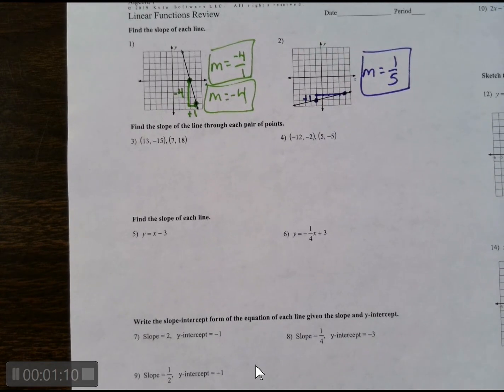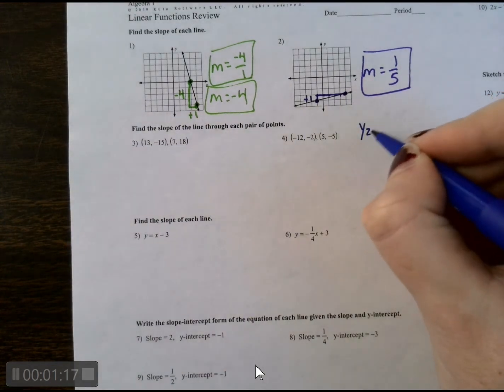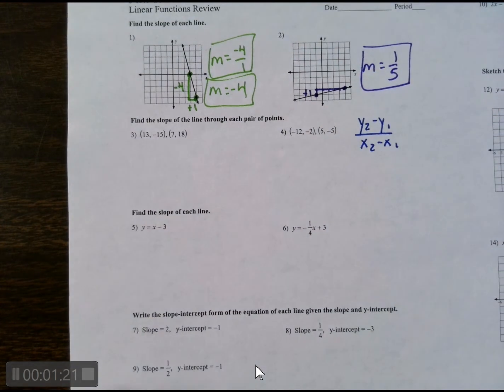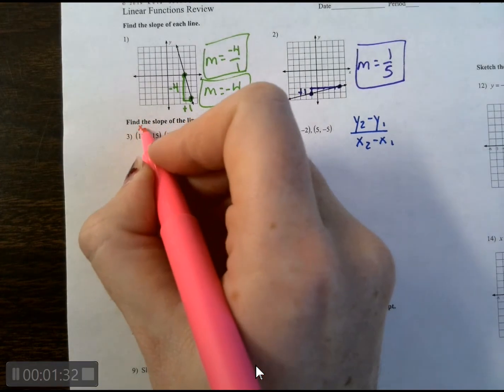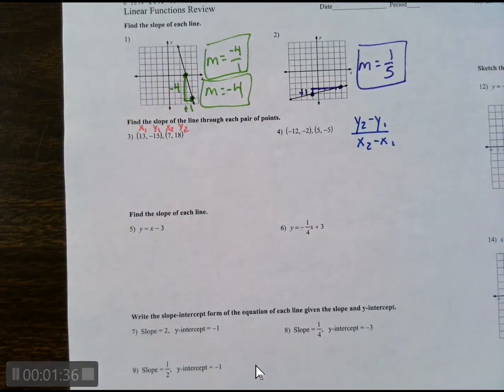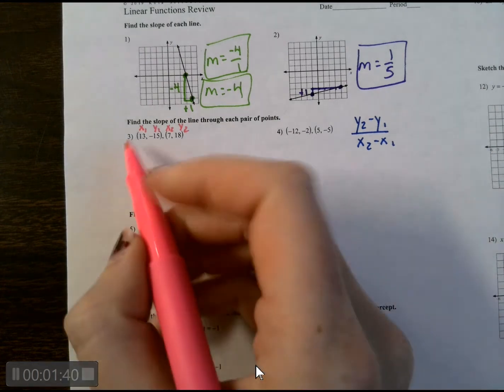Okay. For 3 and 4, we need to use the equation y2 minus y1 over x2 minus x1. So we need to determine what is our y2 and our y1 and all that fun stuff. So as always, I like to make my first point my x1s and y1s. So x1, y1, x2, y2. Okay? And then we're just going to follow it exactly into our equation.